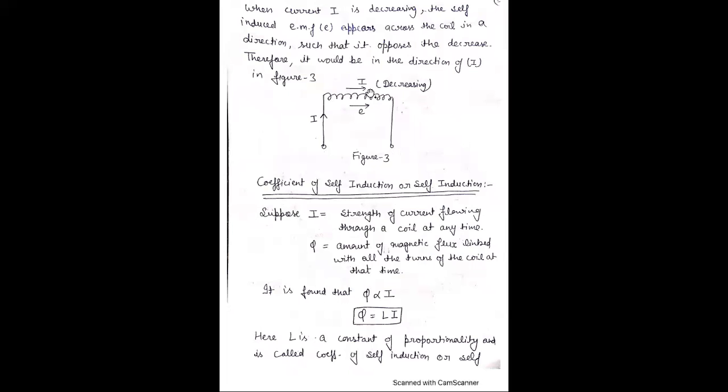Inductance of the coil, L, depends on the number of turns, the area of cross section, and the nature of the material of the core on which the coil is bound.